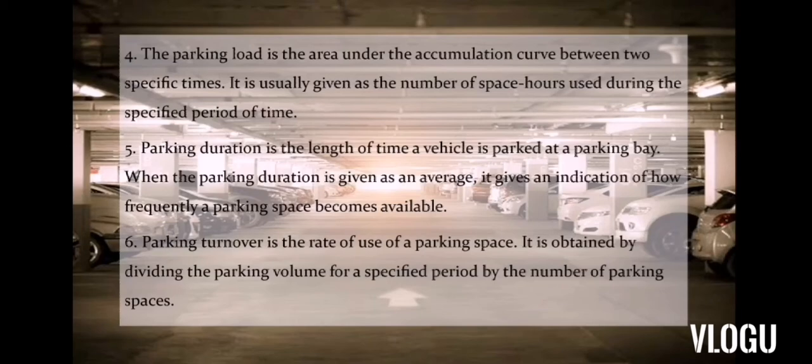When the parking duration is given as an average, it gives an indication of how frequently a parking space becomes available. Sixth, parking turnover is the rate of use of a parking space. It is obtained by dividing the parking volume for a specific period by the number of parking spaces.